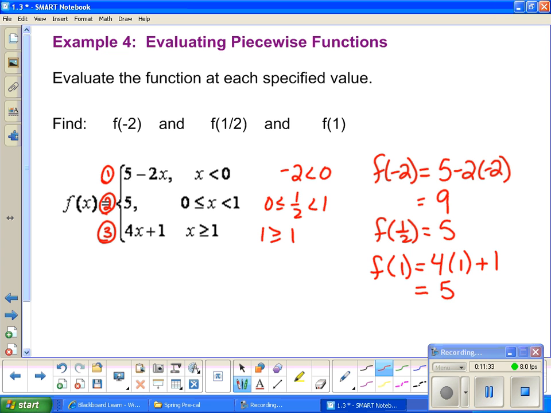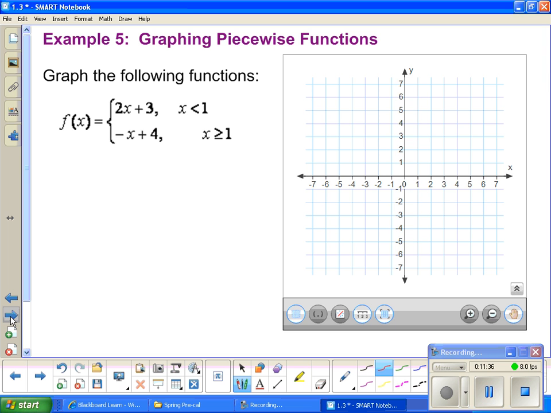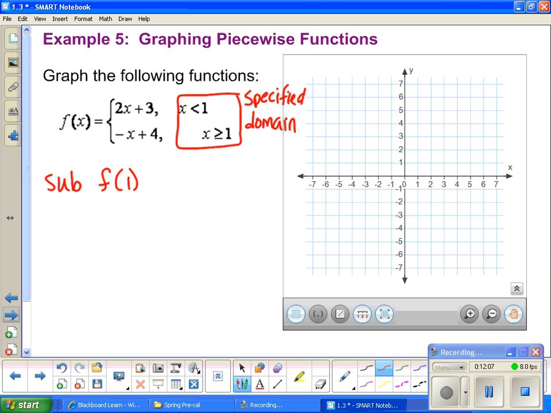Last example, we'll be looking at graphing our piecewise functions. How we want to start this is we have to graph based on our domain restrictions, based on our specified domains. So what I want to do is I'm going to start with the first equation.